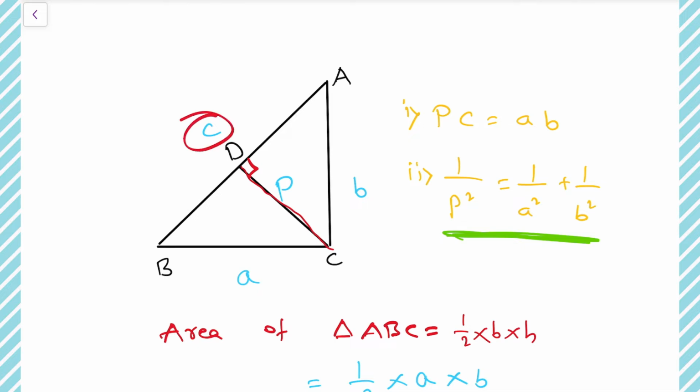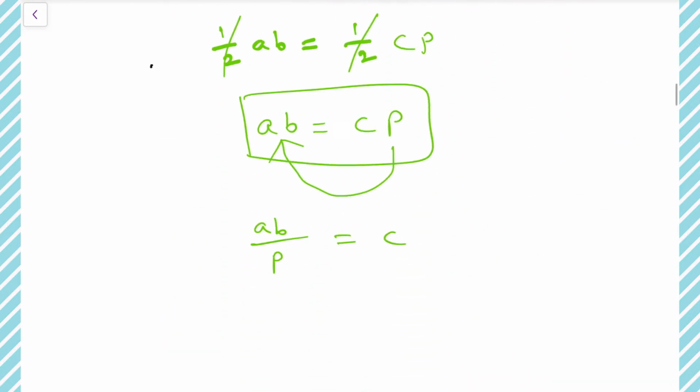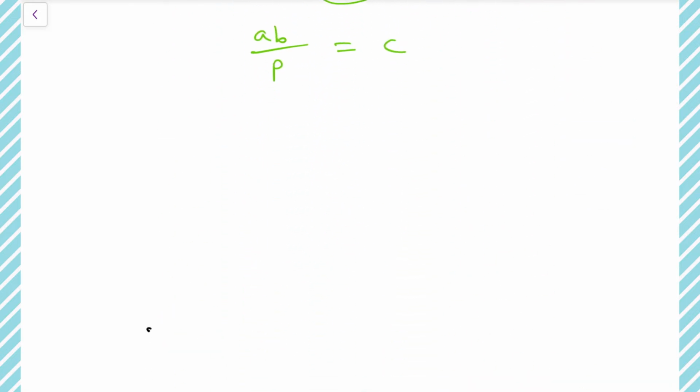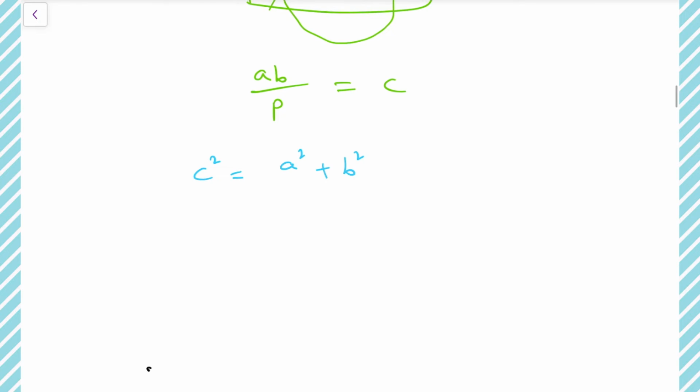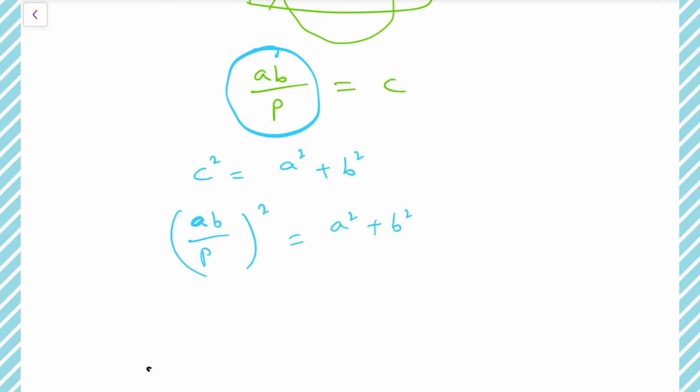Here hypotenuse is c, so c square equals a square plus b square. Now here c value we got as ab divided by p. So c square equals ab by p whole square, that is equal to a square plus b square.